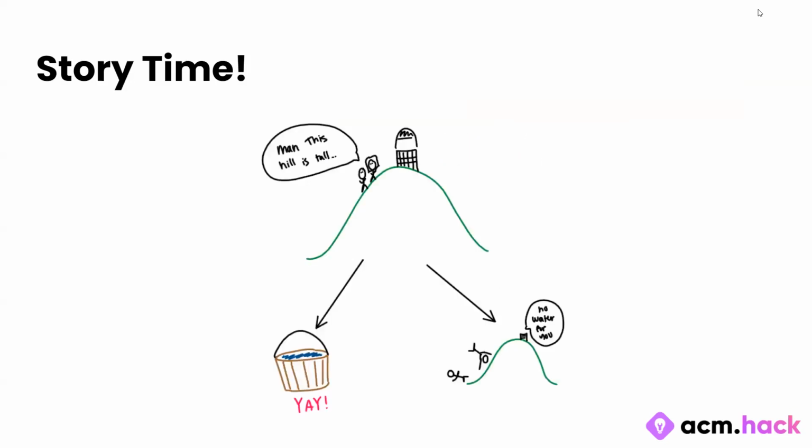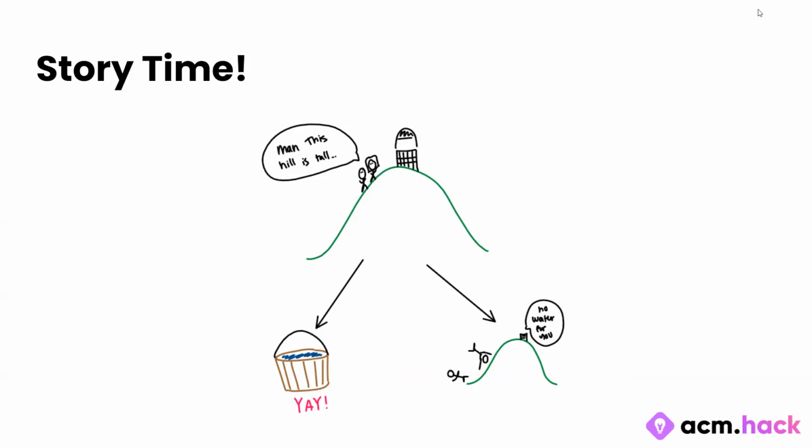So they go up the hill to try and get the water. There are two possibilities. They can either succeed and get the water, yay, or they can fall down the hill without getting water. This is a representation of a promise because a promise can either succeed in that it gets the data that it's supposed to get, or it can fail, like the case where Jack and Jill fall down the hill and don't get what they need.